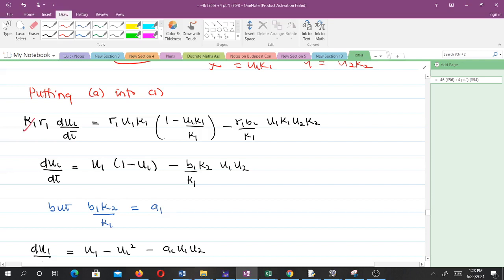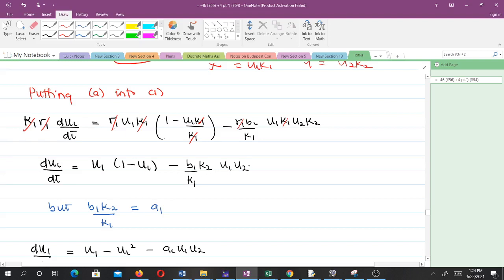You see this k1 r1 will cancel through, right? After that we can still do more simplification. This k1 will cancel this k1, so now we'll be left with du1/dtau equal to u1 multiplying 1 minus u1, then minus b1 k2 over k1 u1 u2.